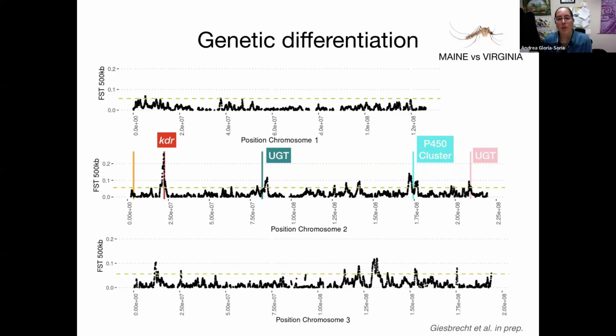And we want to confirm these signals using transcriptomics. We already performed an experiment with susceptible and resistant populations in the presence and absence of the insecticide, and we're hoping to start analyzing that data soon to see how it corresponds to what we are starting to find at the genomic level.